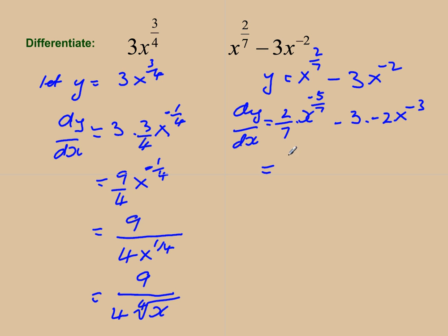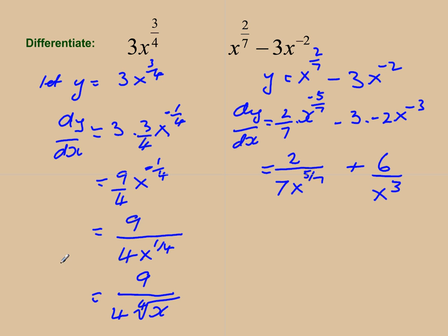So this is going to be then 2/7 x to the -5/7, and then 3 2s are 6, plus 6, and then x to the minus 3 we can write as over x cubed.